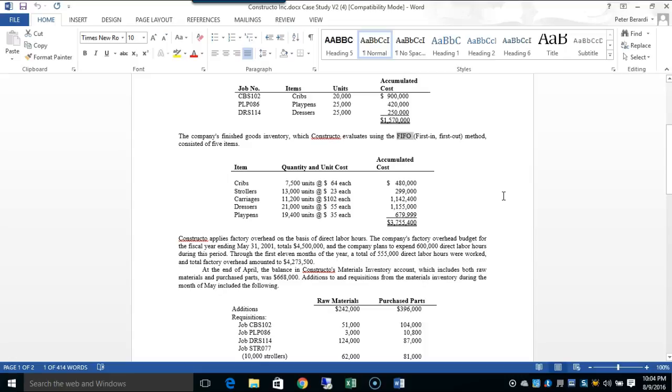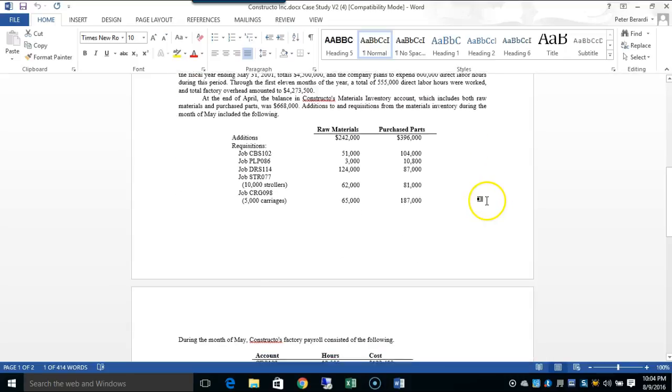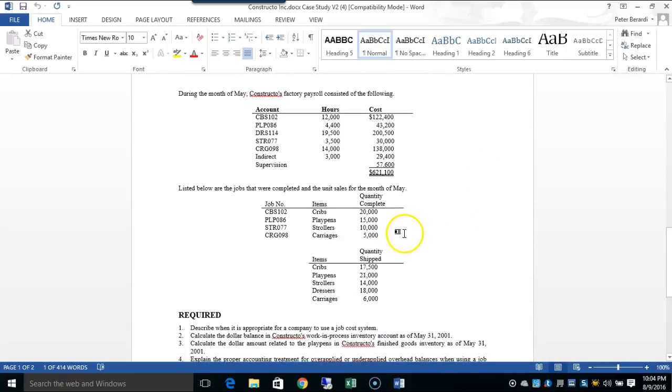The current production, basically, what we just did was take the beginning balance WIP and the units completed. The units completed is your credit to WIP, debit to finished goods.